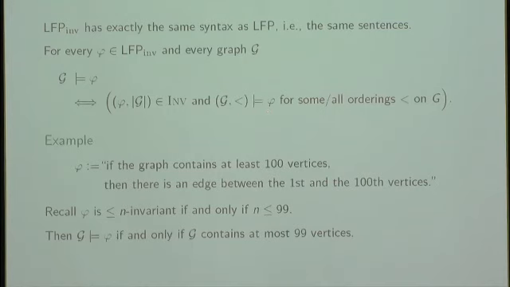But here this order can be any ordering of this graph, because we already know by the first condition phi is less or equal to the size of G invariant. So which order you choose doesn't really matter for the second condition.